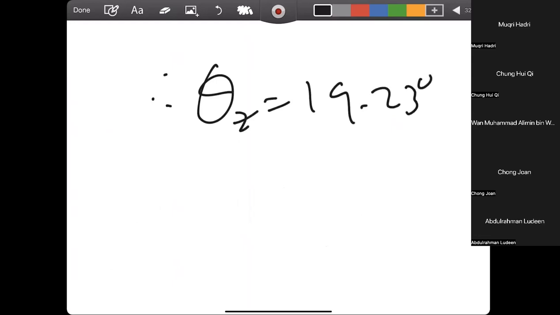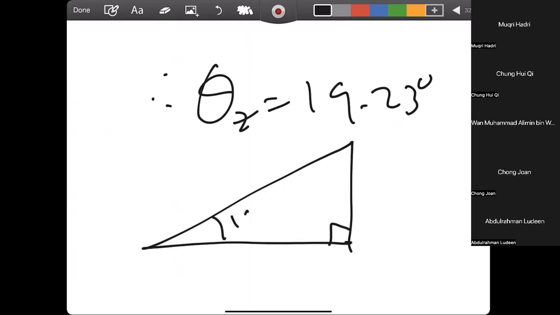Okay, so the value of ZC is 19.23 minus ZC, this is -1, this is 3.14. This is the new dominant pole.